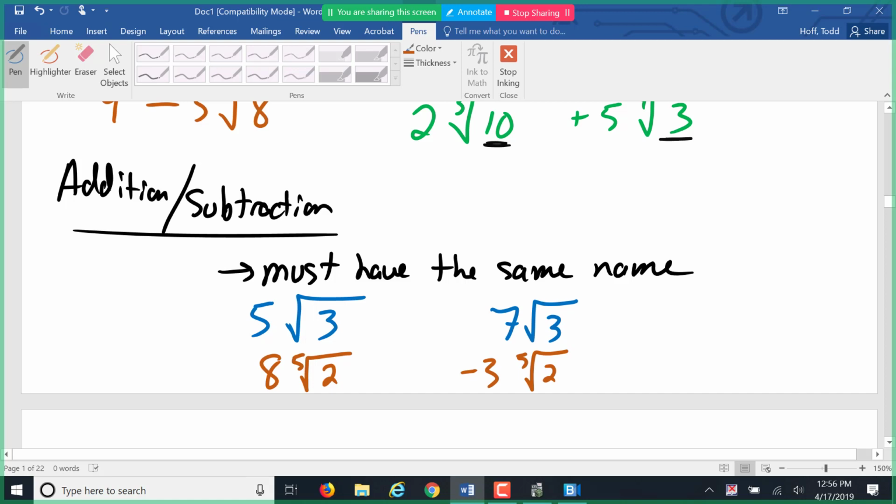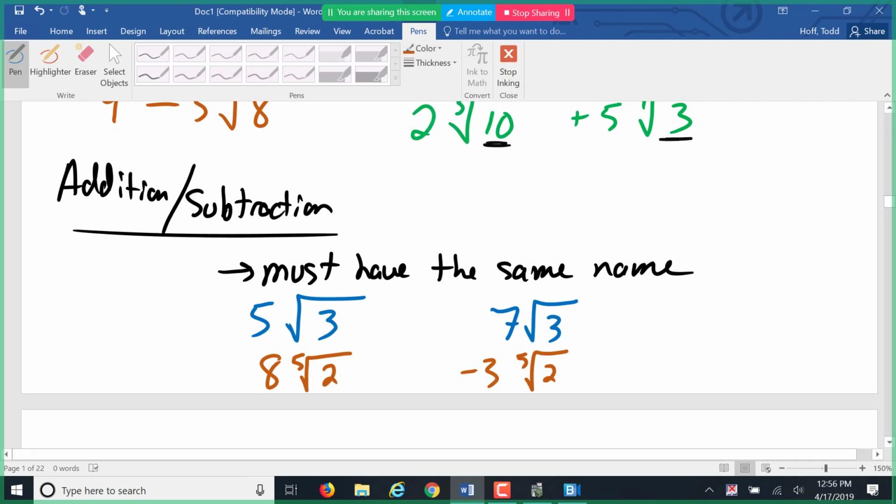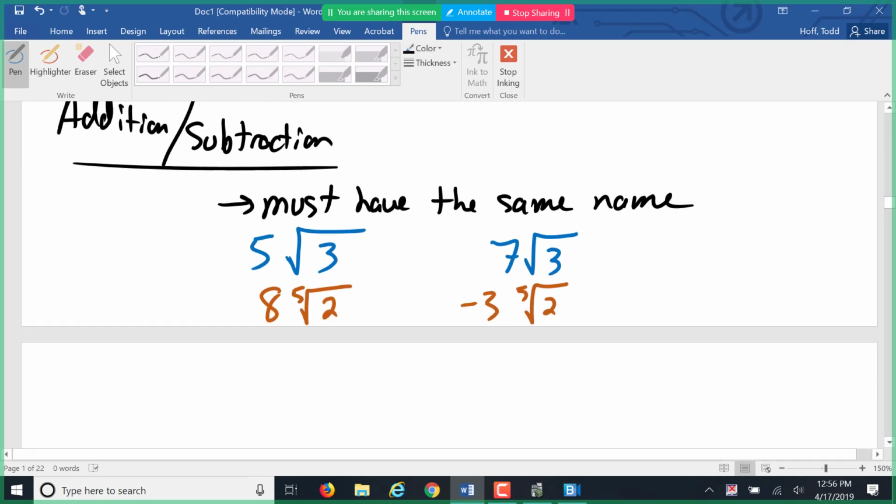Both are 5th roots and it's a 2 inside the radical. Both things have to be the same to be able to combine them with addition and subtraction.